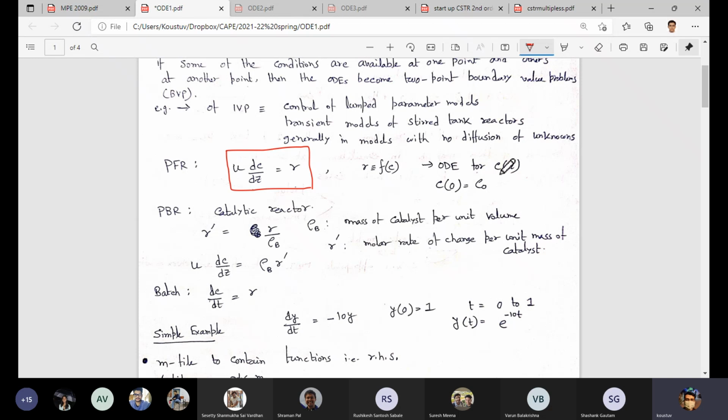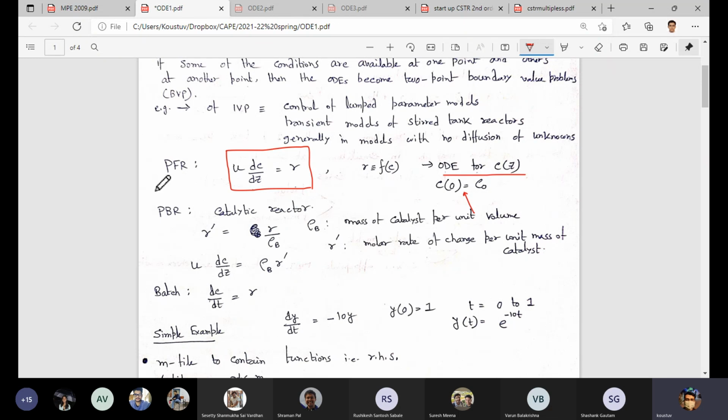So this basically forms a system of ODEs if it is more than one component. Then based on some initial condition, we can calculate the conversion or concentration with respect to z. It's basically a steady state PFR.